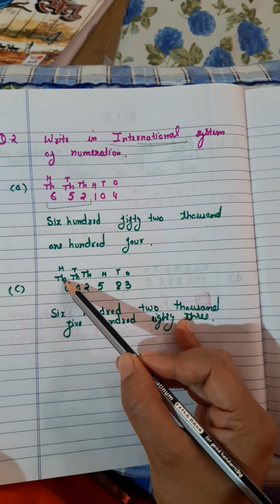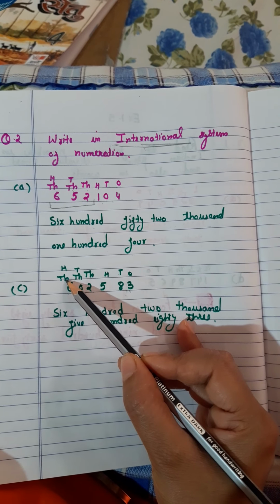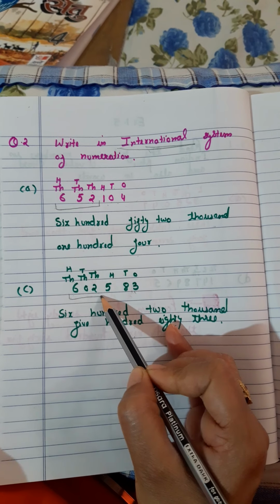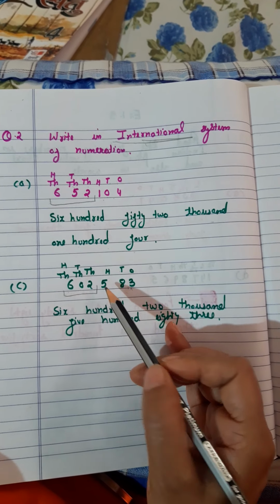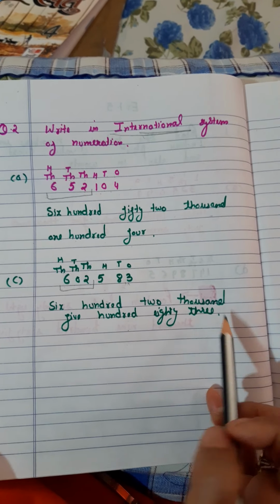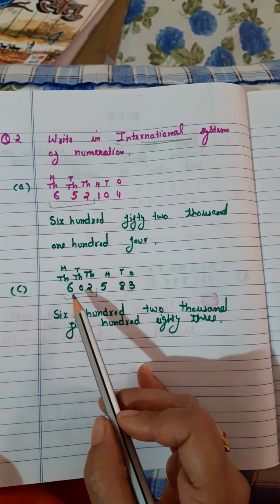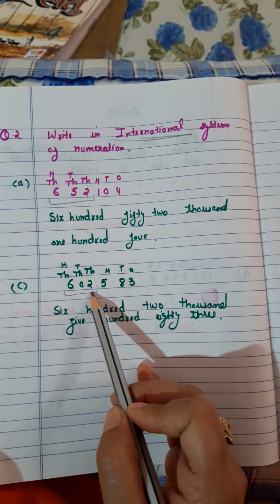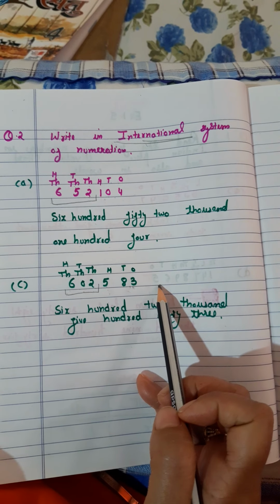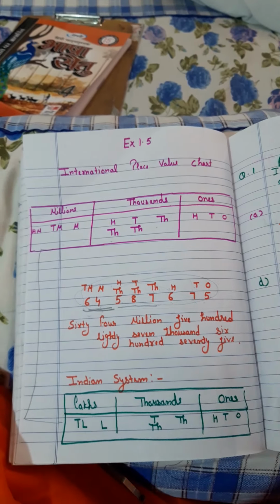I think now you are careful in doing all these things. Clear? So it will be read as 602,583.